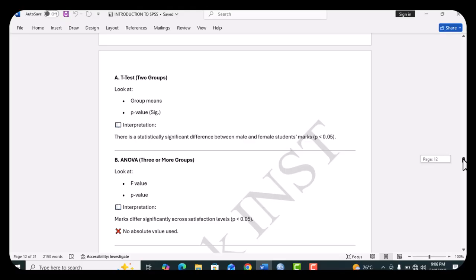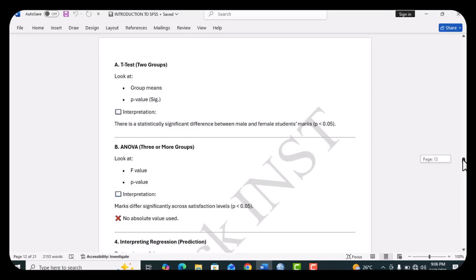Like, okay, we want to test the statistical difference between the female and male students. When p is less than 0.05, there is a statistically significant difference between the male and female, if you do the t-test of the two groups.